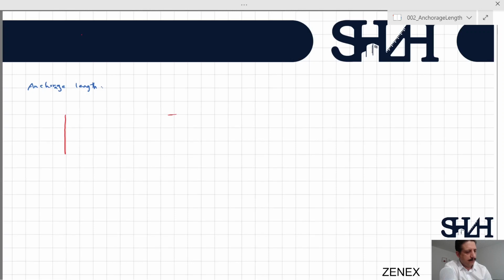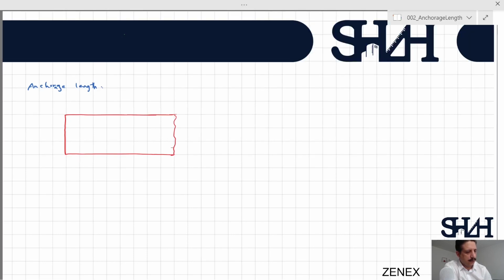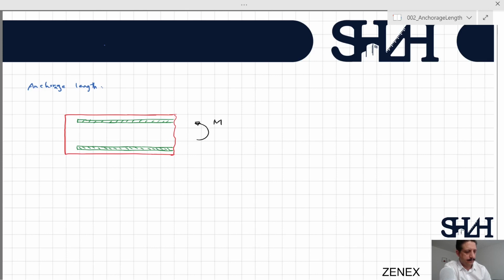Assume we have a beam which is reinforced by reinforcement on both sides of the beam, and it's under positive bending moment. As a result, the bottom reinforcement will be in tension, and the top one will be in compression.